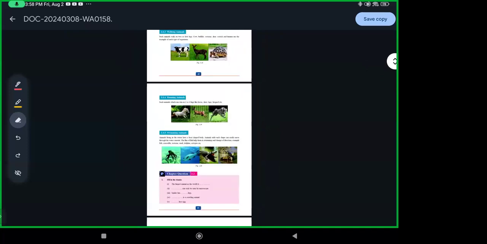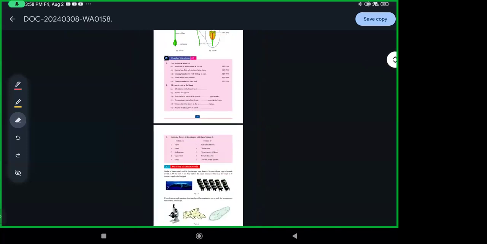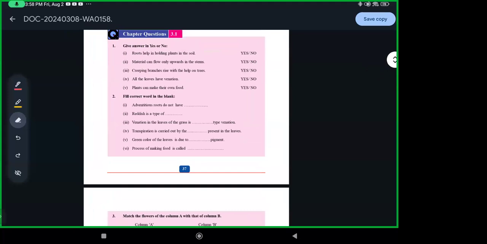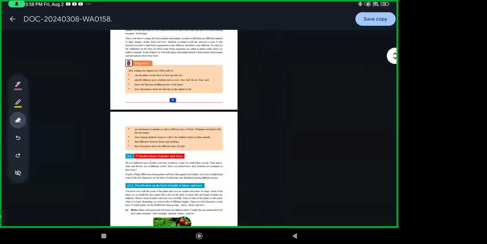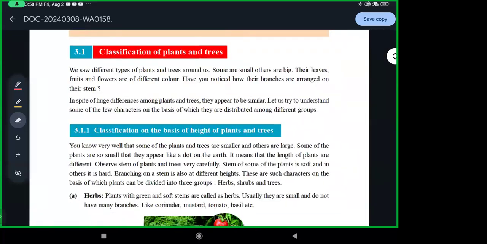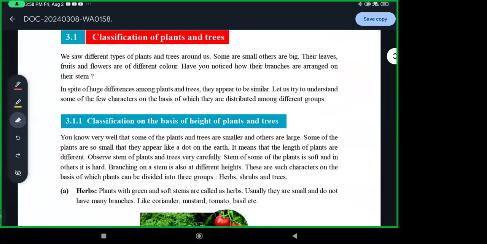One question I gave was on the classification of plants. What are the two types of classification of plants? Explain in detail. This was the question. Classification is of two types. This is the first type, on the basis of height of plants and trees.